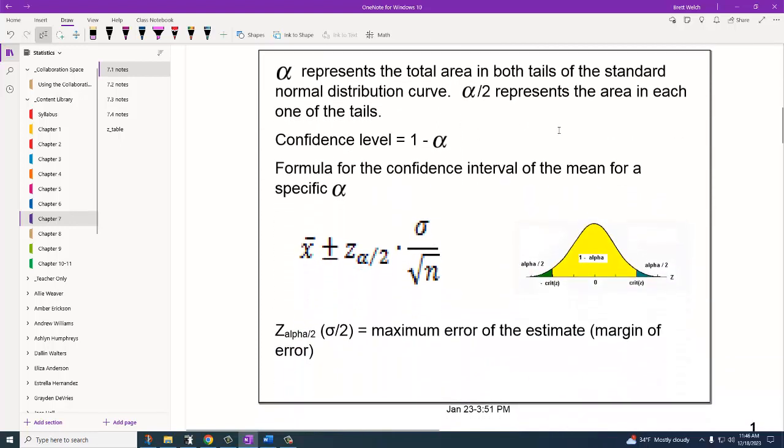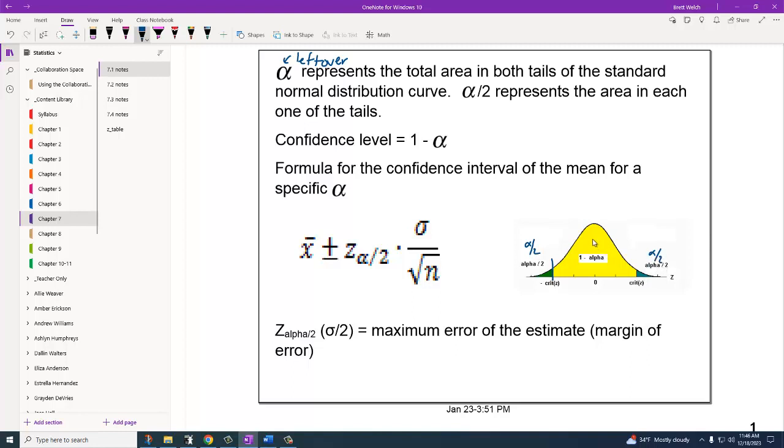The whole idea here is that alpha is the area that's left out of our confidence, so alpha is essentially what we don't have. This is the leftover. So if I'm 95% confident, then alpha would be 5%. That's the area that I'm not including in my confidence. In order to get it equally balanced, we take that alpha and cut it in half so we can figure out how much is in each tail.